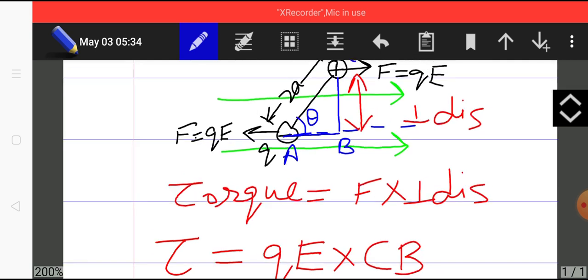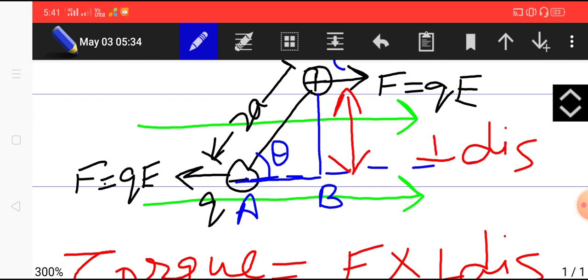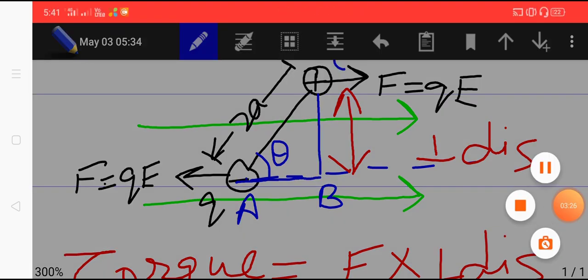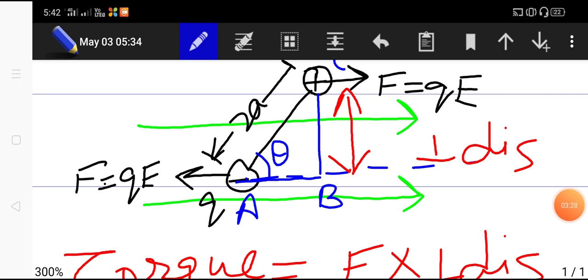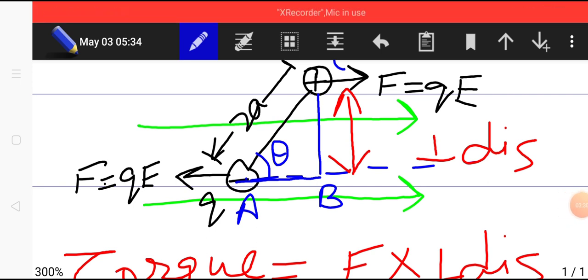Now look at the diagram more closely. What is the value of CB in terms of 2a? We all know that base by hypotenuse is cos theta and perpendicular by hypotenuse is sine theta.